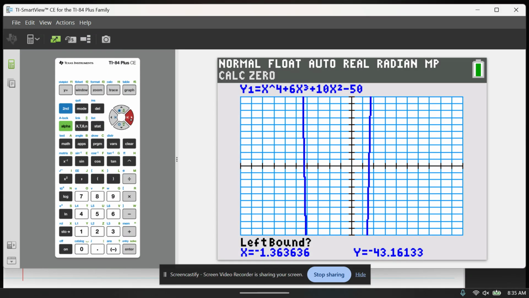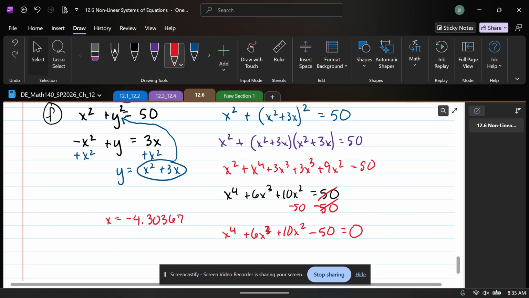I'm just going to get close to 0 or close to positive 1. That's close enough. And then I'm going to move where my x is past positive 2. And then there it finds me that one, 1.5256439. Okay, those are my x values.